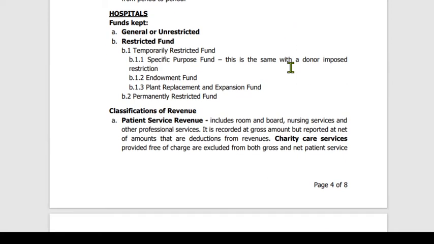The funds kept are general or unrestricted, restricted fund. So under the restricted fund, we have the temporarily restricted fund specific purpose, which is the same with the donor imposed restriction, the endowment fund, the plant replacement expansion fund, and the permanently restricted fund.